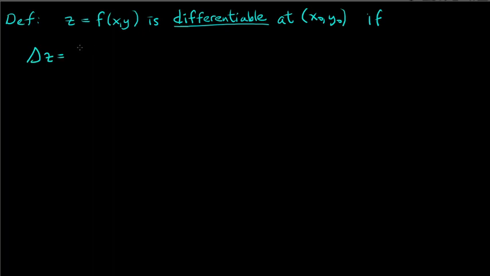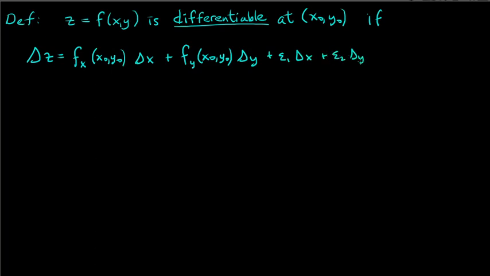If we can write delta z as the partial derivative of f with respect to x, evaluated at x0, y0, times delta x, plus the partial of f with respect to y at x0, y0, times delta y, plus some correction factors, epsilon 1 times delta x plus epsilon 2 times delta y, where in particular epsilon 1 goes to 0 and epsilon 2 goes to 0 as delta x and delta y both go to 0.